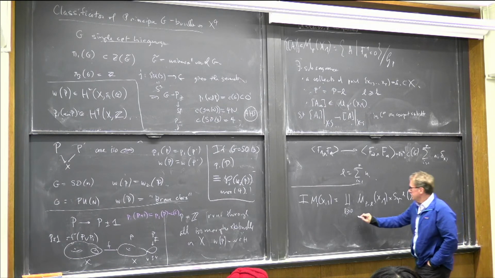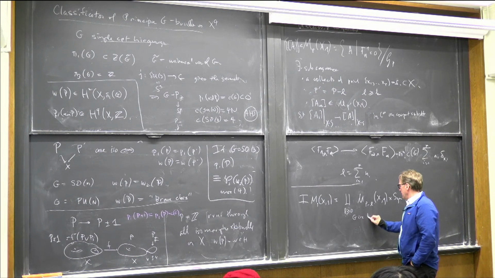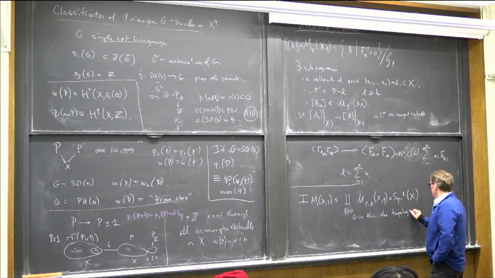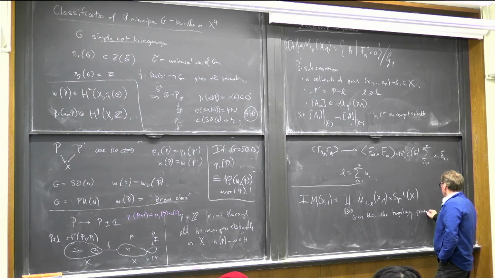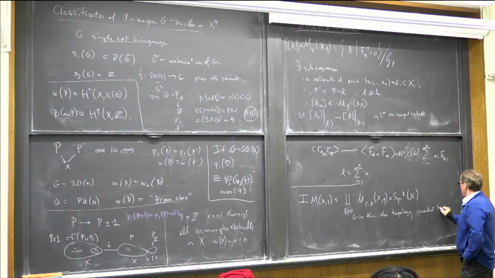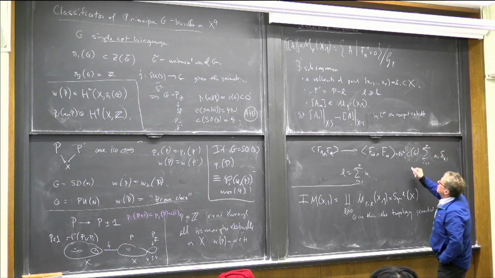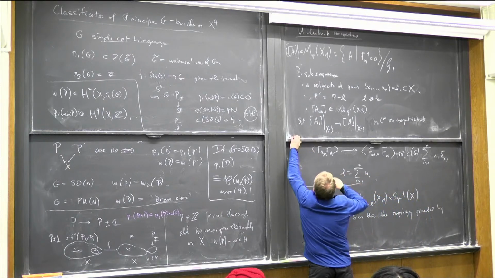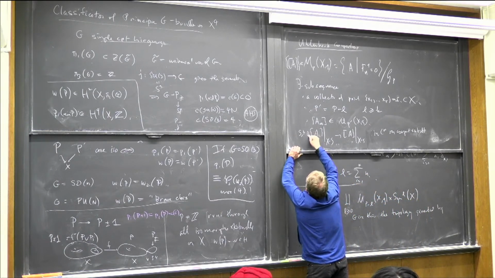So this is a finite union, and we topologize it. You have to really say this a little bit better, but the topology is generated by these 3 things, by 1 and 2.